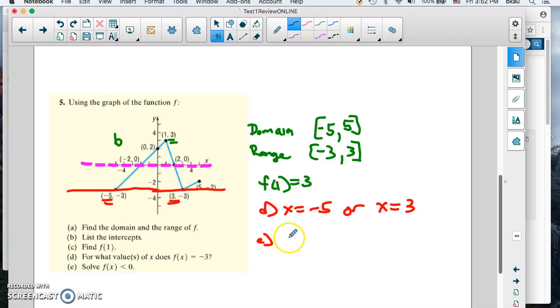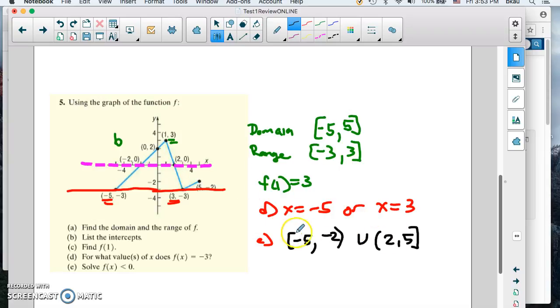So our first interval where that happens would be from -5 to -2. But it's less than, so we have a parenthesis there. And then we start at 2 and go to +5. So that's our interval where that occurs.